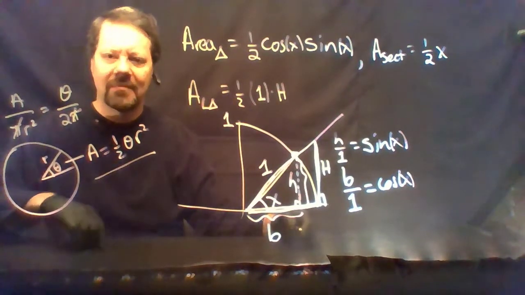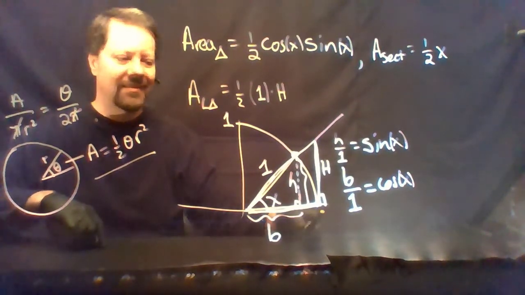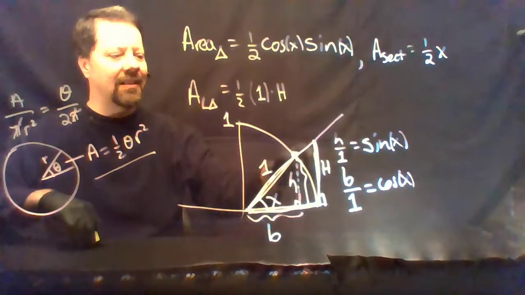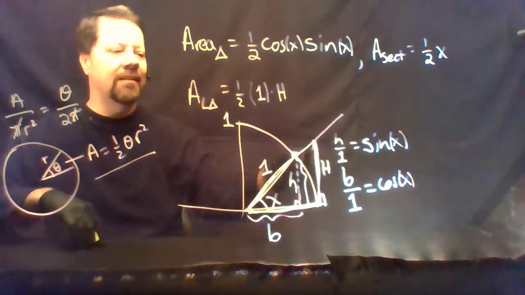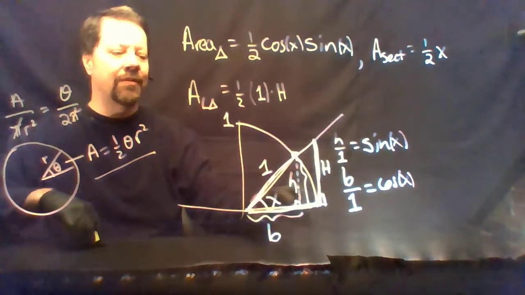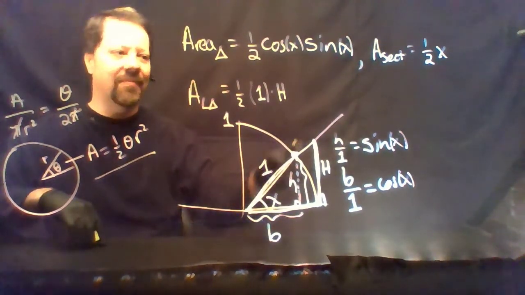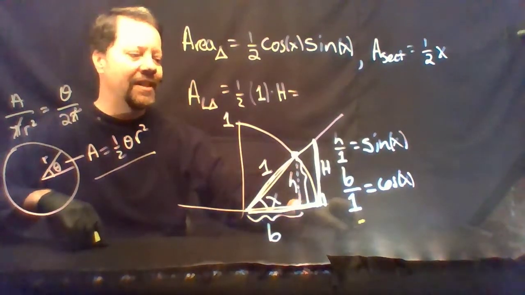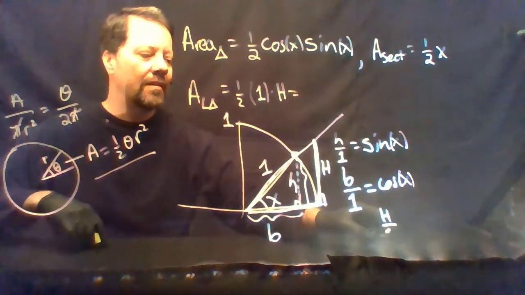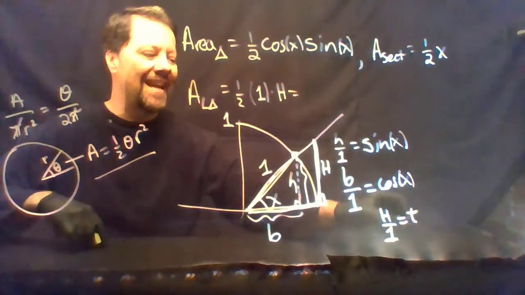Well, how do you figure out big H? Here's how. H divided by 1 is opposite over adjacent for the angle x. Opposite over adjacent is tangent.